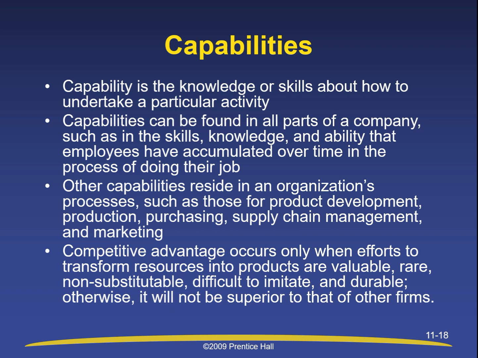Capabilities can be found in all parts of a company, such as in the skills, knowledge, and ability that employees have accumulated over time in the process of doing their job. Other capabilities reside in an organization's processes, such as those for product development, production, purchasing, supply chain management, and marketing.